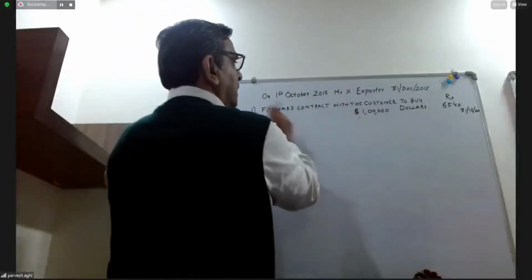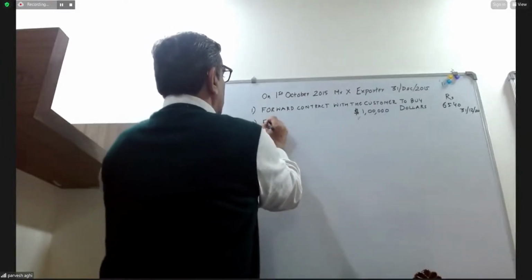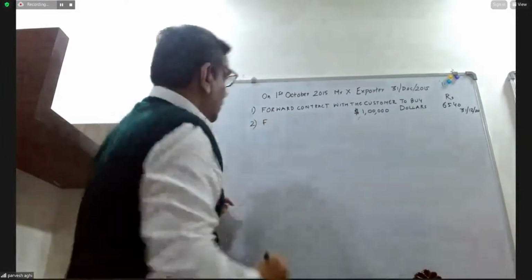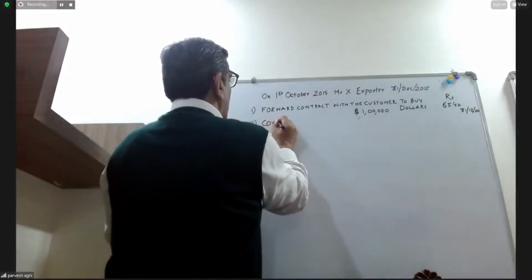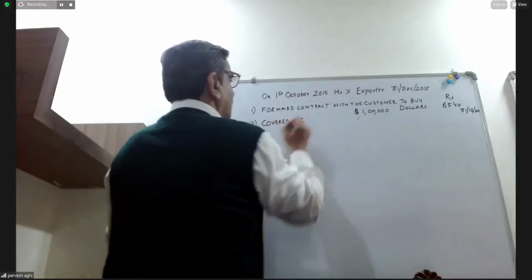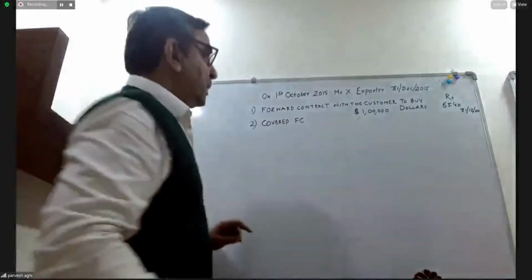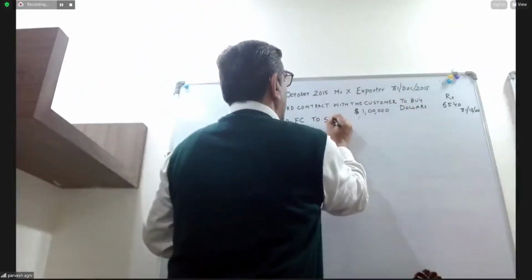Now, since they have entered into this contract, they are going to have another forward contract, a corresponding contract, which is called the covered contract. I'm writing FC, a covered forward contract. Now they have bought the dollars, they need to sell these dollars.